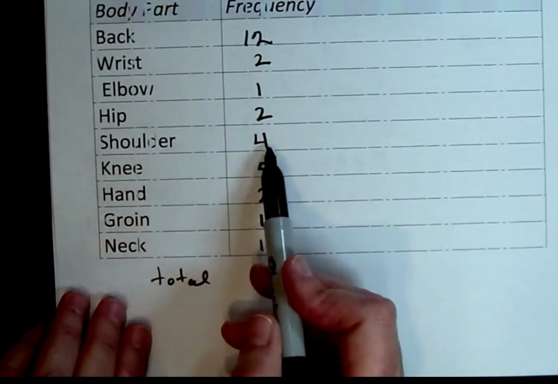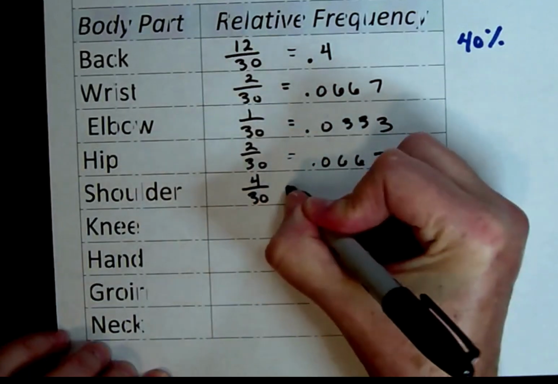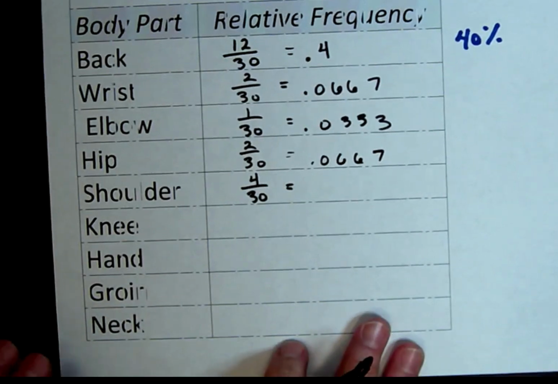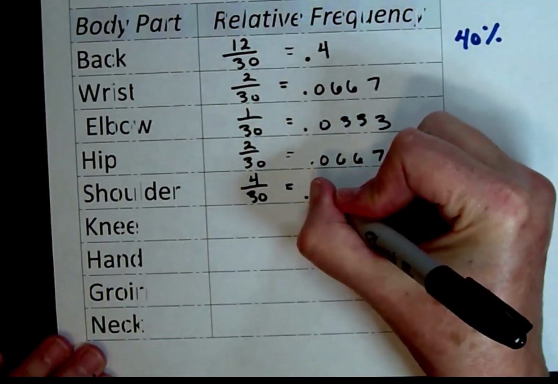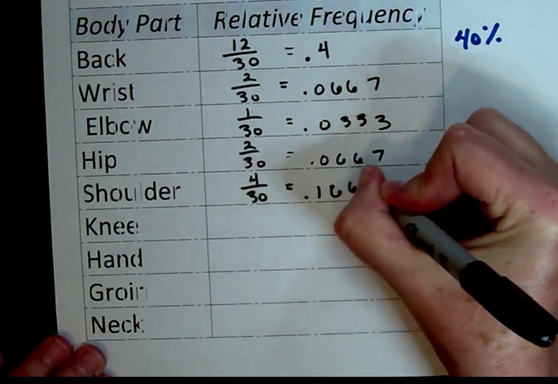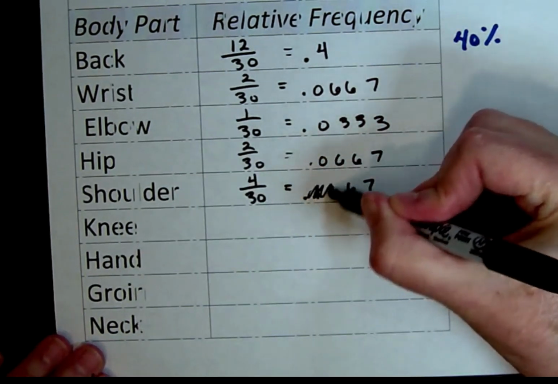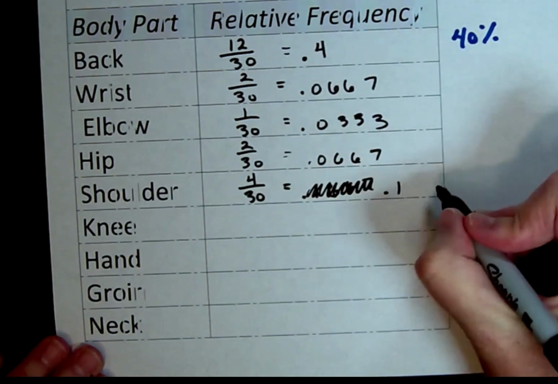So shoulder, there were 4 occurrences. 4/30ths of the data values were shoulder. Do a division with a calculator to get a decimal for that, and you should get 0.1667. For this one, you should get 0.1333.